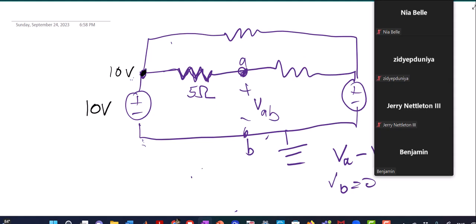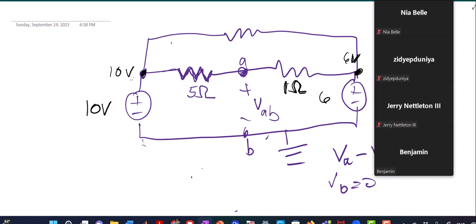Now, let's say that this voltage right here is 6 volts. So now I'm doing something different than I did a minute ago. There's lots of different ways I could go from here. Let's say this resistor is 1 ohm right there.